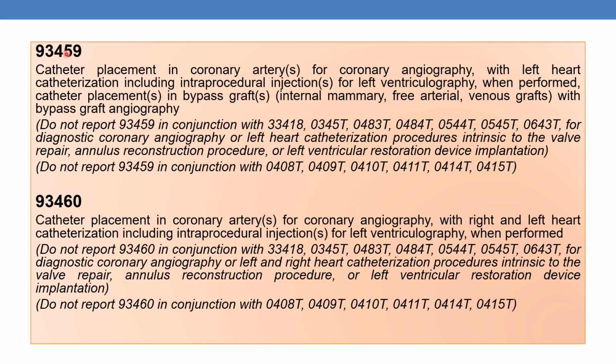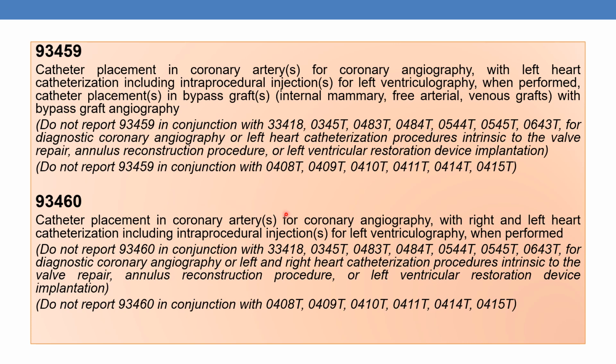Next code is 93459. Here, catheter placement in coronary artery for coronary angiography with left heart catheterization, including intraprocedural injection for ventriculography whenever performed, and catheter placement in bypass graft with bypass graft angiography. The code is 93459.